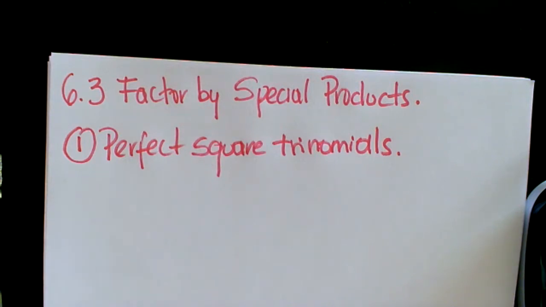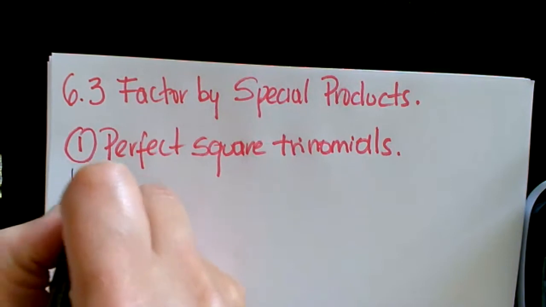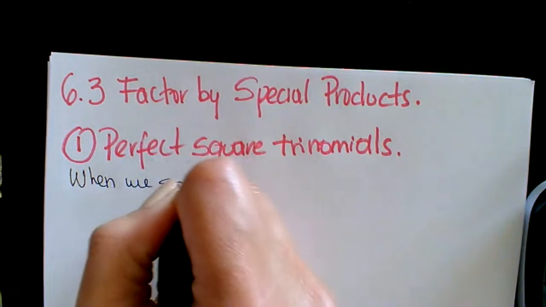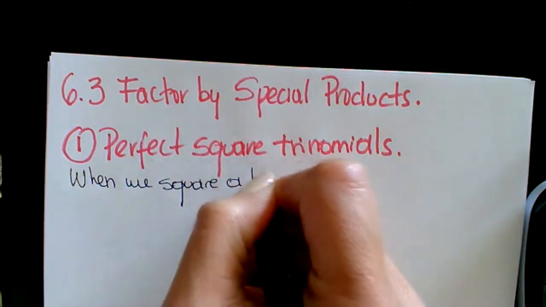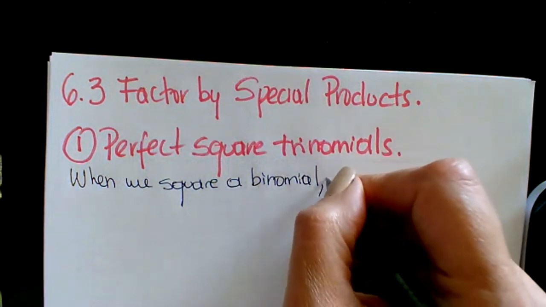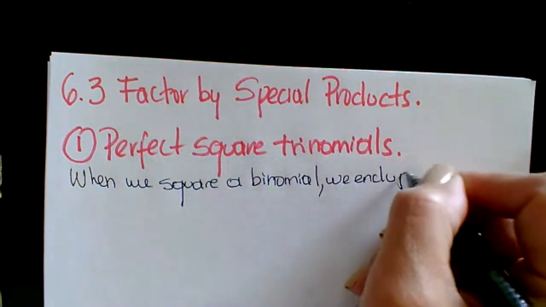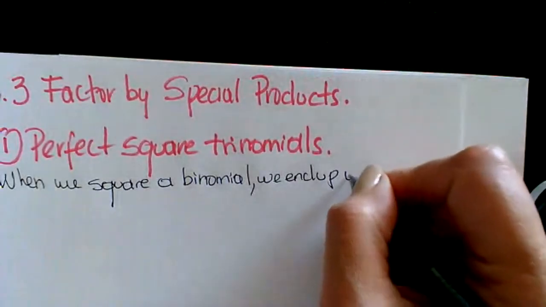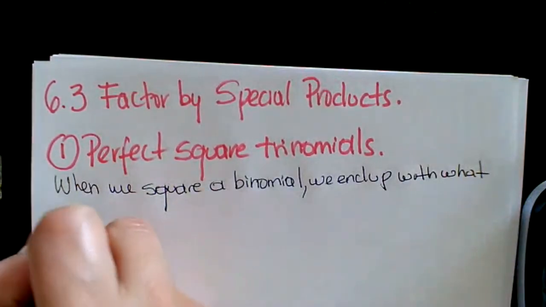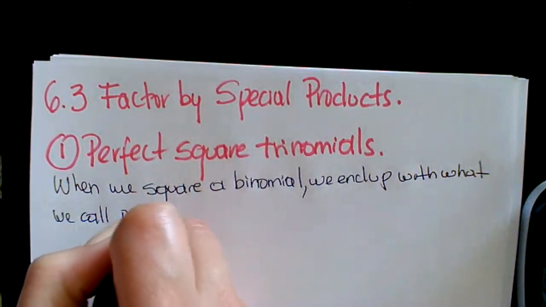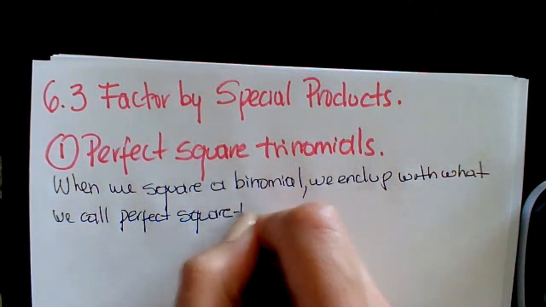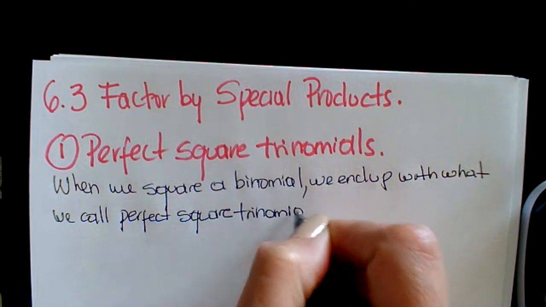So when we square a binomial, we end up with what we call a perfect square trinomial.